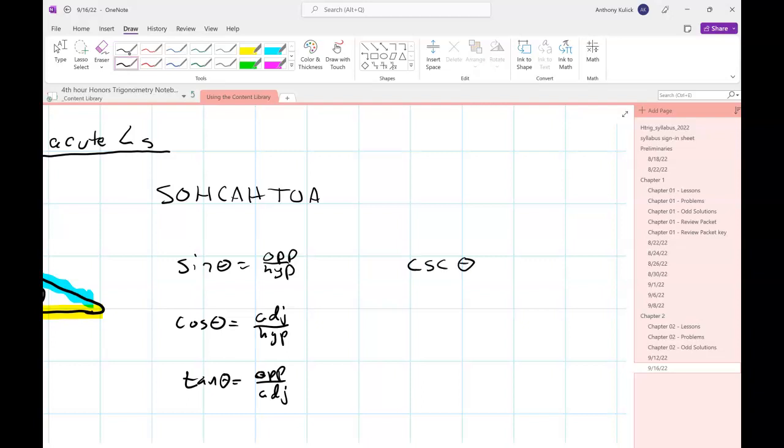So the first one we'll talk about is called cosecant, which is hypotenuse over opposite. Yuck. There is secant, which is hypotenuse over adjacent.